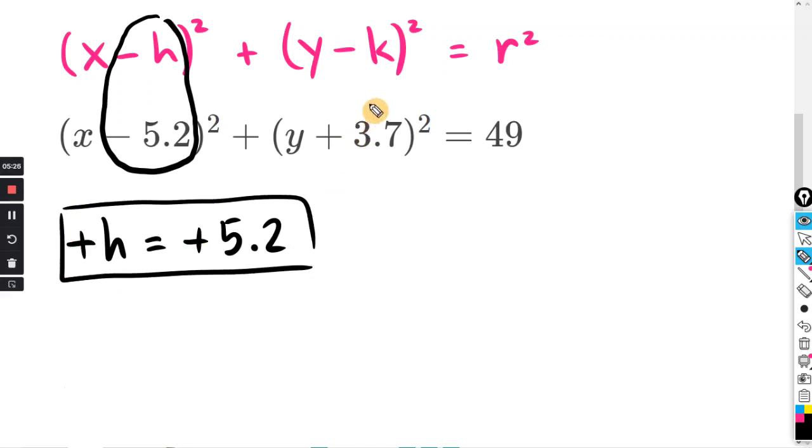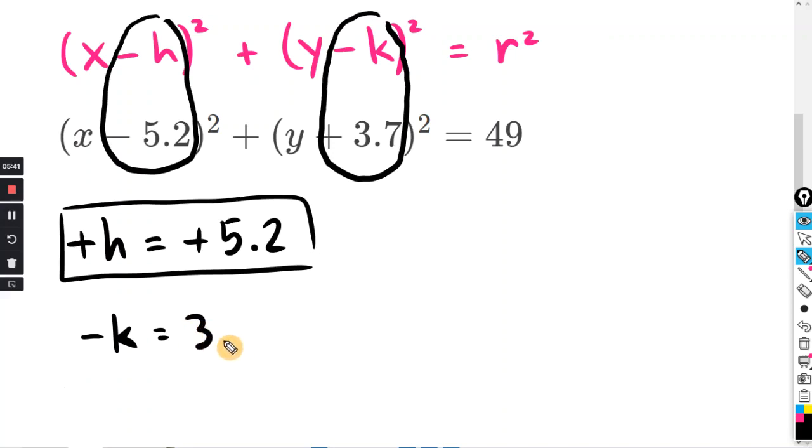All right, same thing with the y coordinate for the center, which is k. We see that negative k is positive 3.7. And if you multiply both sides by negative 1, it changes the sign on both sides.